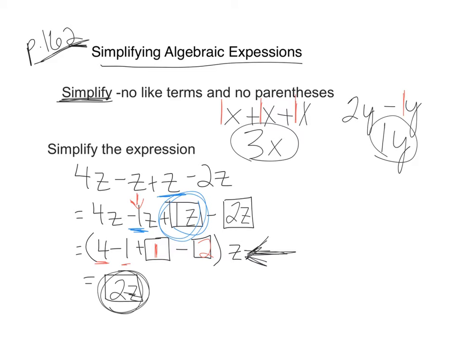Is that okay? Do you always have to put the z? Can you just put 2 instead of 2z for the answer? Well, let's say z was equal to 1,000,000. So 2 times 1,000,000, is that the same as 2? Yep. All right, we better put the z there.